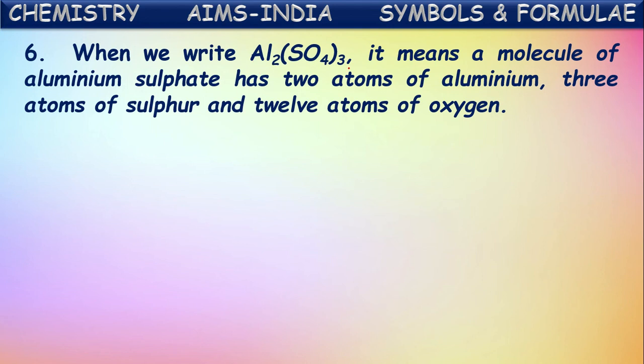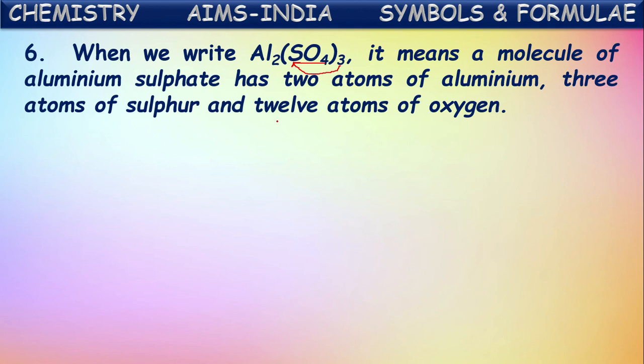At the right bottom of the aluminium symbol, 2 is written. So it represents two atoms of aluminium are present. The atoms inside the bracket are all taken together and 3 is written outside. This 3 is applicable for all the atoms inside.